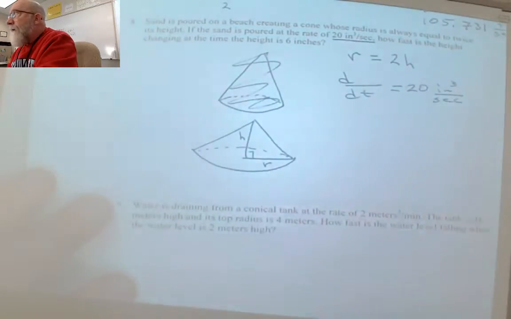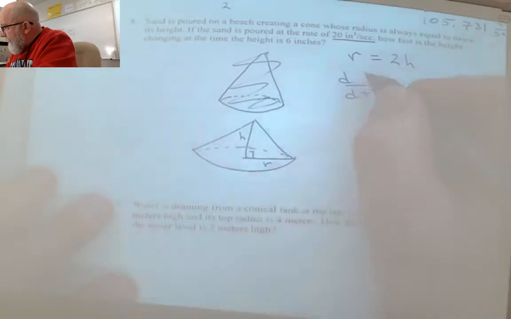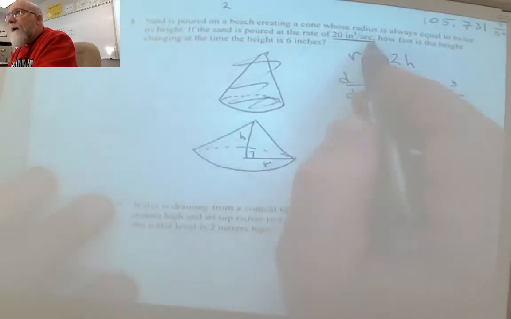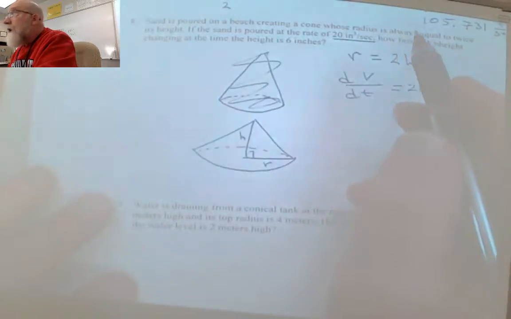We've done that every time. That's how we define our rate. D what? Inches cubed. That's my hint. Would R be inches cubed? It's dV. If sand is poured at a rate, it's the rate that the volume is changing.